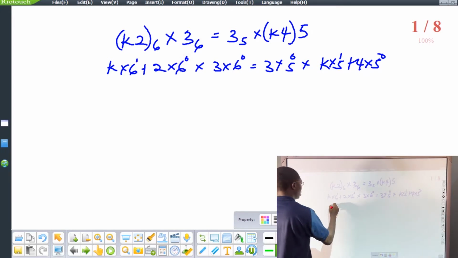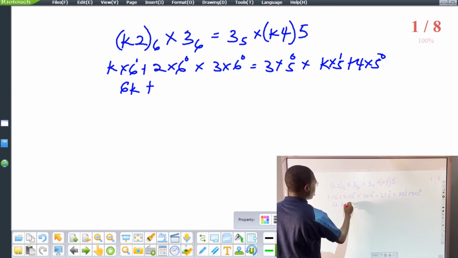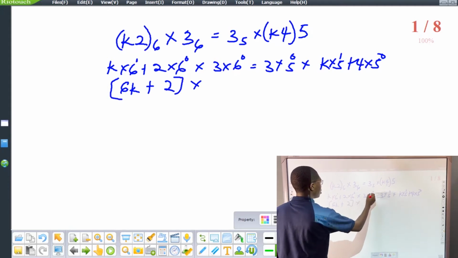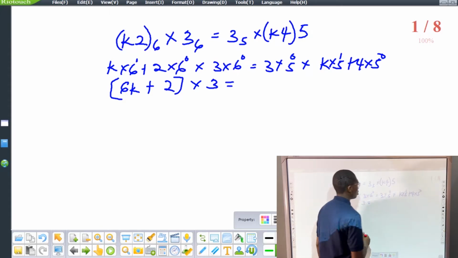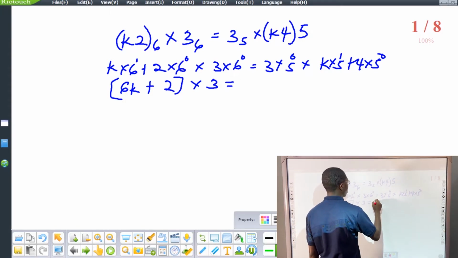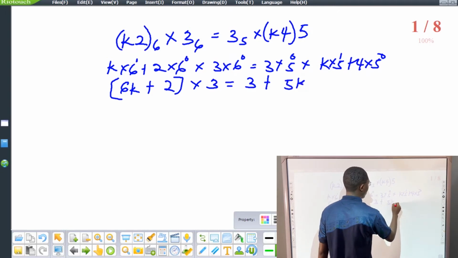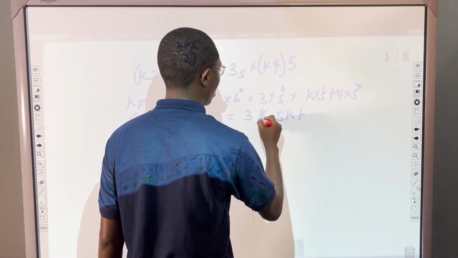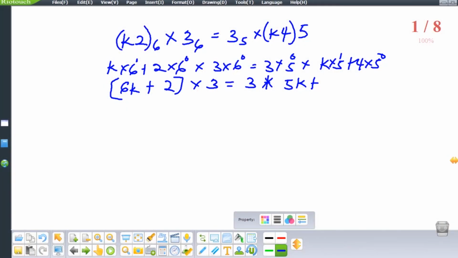So we have here 6K plus 2, they are all in brackets, times 6 raised to power 0 is 1. 3 times 1 is 3 equals 5 raised to power 0 is 1, 3 times 1 is 3, plus this 5K, this is multiplication, plus 4 times 5 raised to power 0 is 1. 4 times 1 is 4.